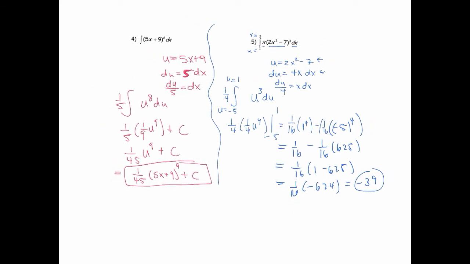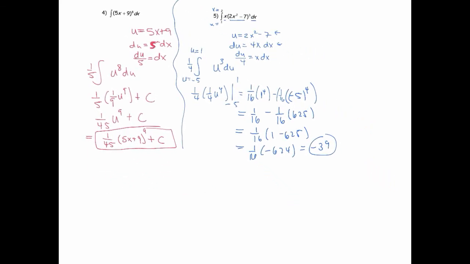Alright, so that's one way of doing it. The other thing you could have done was pretend that this definite integral is an indefinite integral, which we found to be 1/4 times 1/4 u to the 4th plus c.